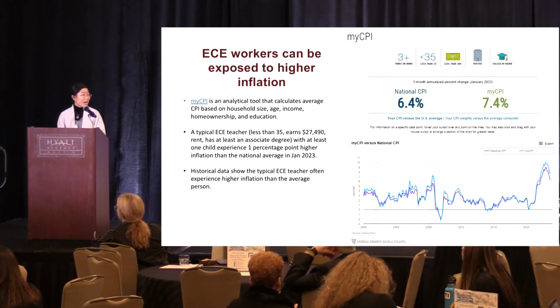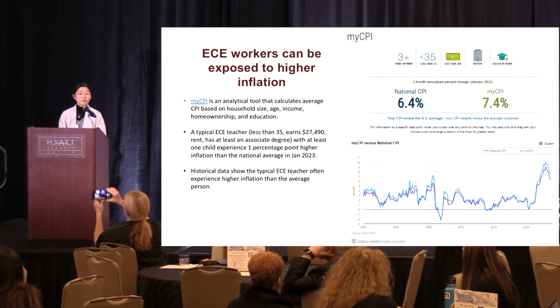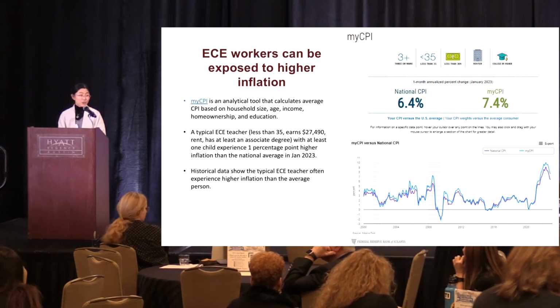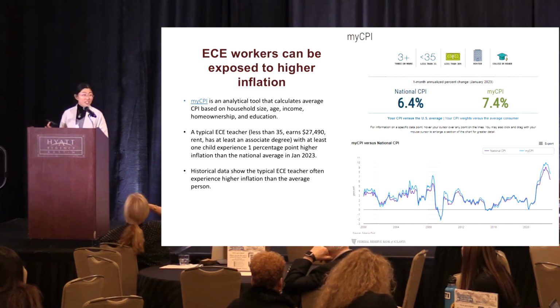This is a tool that all of you can explore on the Atlanta Fed website called MyCPI. I put in the information of a typical early care and education teacher. I assume that they have one child and are under 35 years old, with an associate or a college degree, and if I change that to a high school degree, it's going to become even worse.